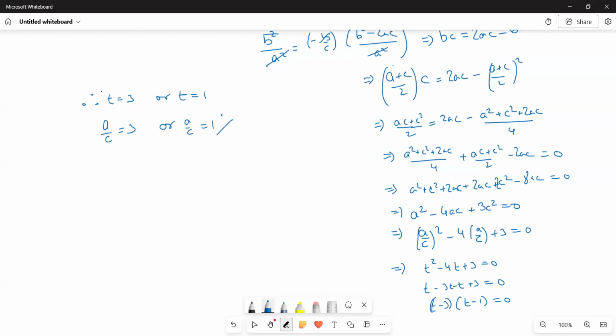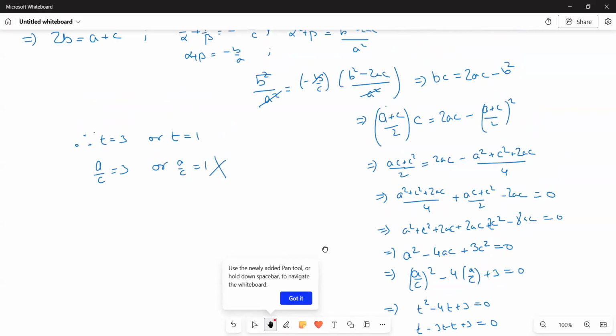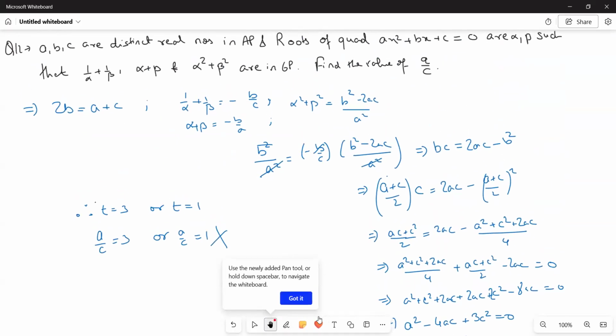But A by C equal to 1 will get rejected. Why so? Because the question already declares that they are distinct real numbers. But if A by C is equal to 1, then A equals C, which is not possible. So the value of A by C is 3.